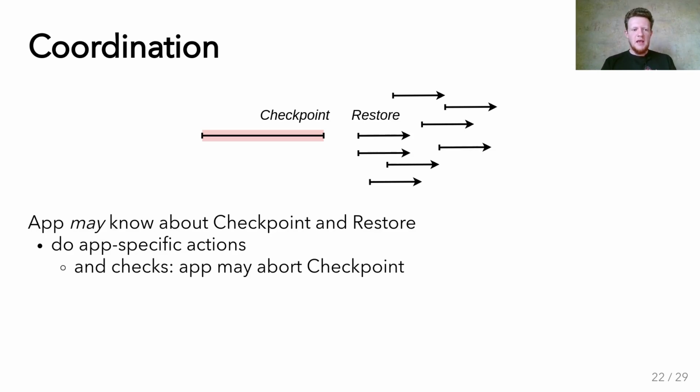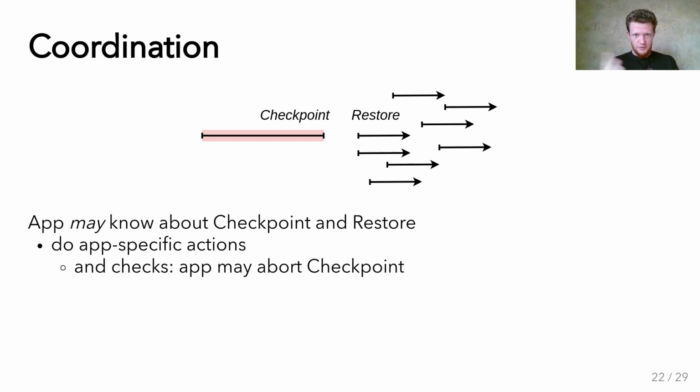And also, another important example is that the application may decide that the state at the moment is not very suited to be checkpointed. That is, for example, suppose the application is doing a transition from one phase to another, and doing a checkpoint in the transition is not useful, just because every restored instance would be doing the remaining part of the transition.